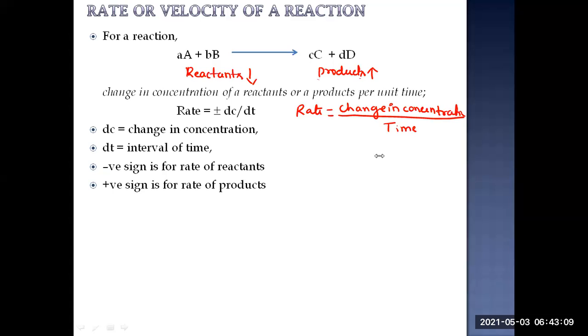Anybody? Sir, there will be lesser reactants than what was initially there in the reaction. So? Sir, so as reactants will reduce for a normal reaction, we can say that a negative sign is used. Is that why we use a negative sign?